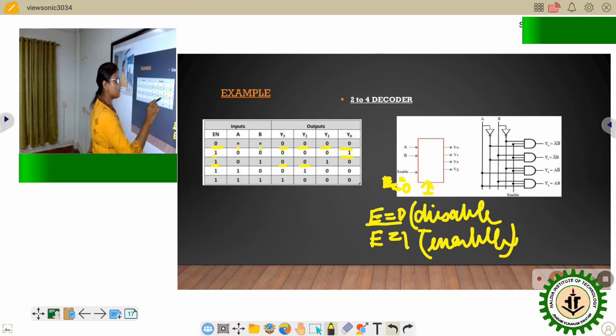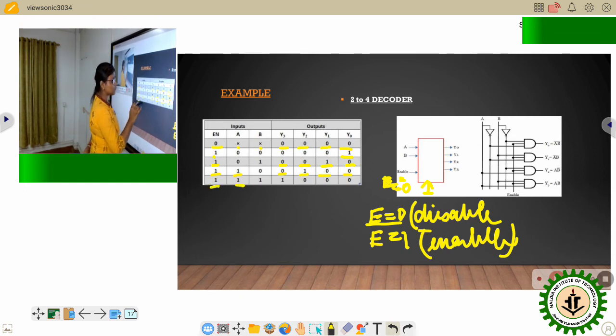When the enable is 1 and we are putting the inputs as 1 and 0, we are getting 1 in the Y2 part, and Y3, Y1 and Y0 will be 0. Next, when the enable is 1 and we are giving the inputs as 1, 1, Y3 will work, and the other outputs will be 0.